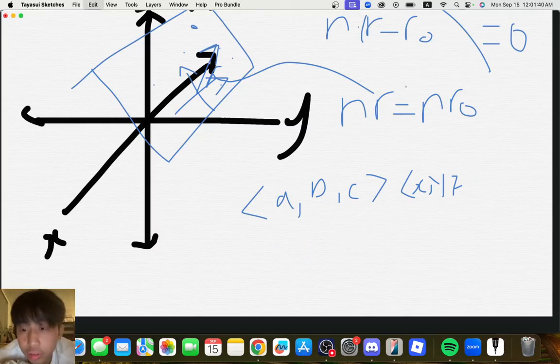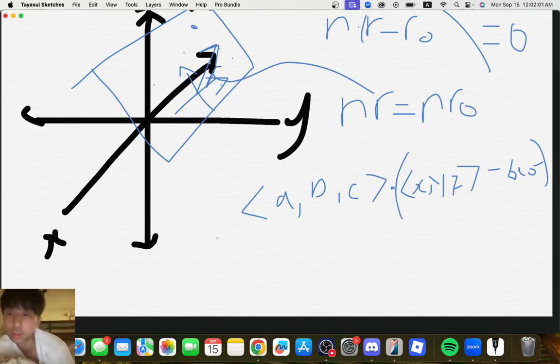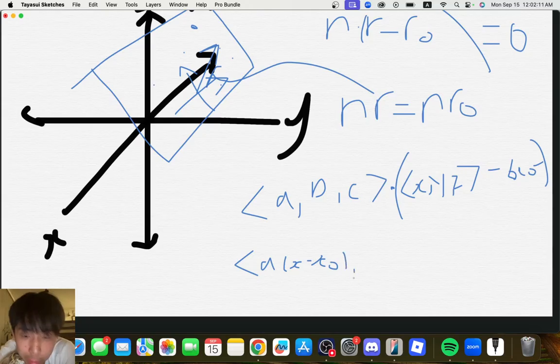Alright, multiply, and then it's X minus XO, and then whatever, this is just RO. I'm not going to write all this, but basically A times X minus XO, comma B times Y minus YO, etc., is equal to 0.